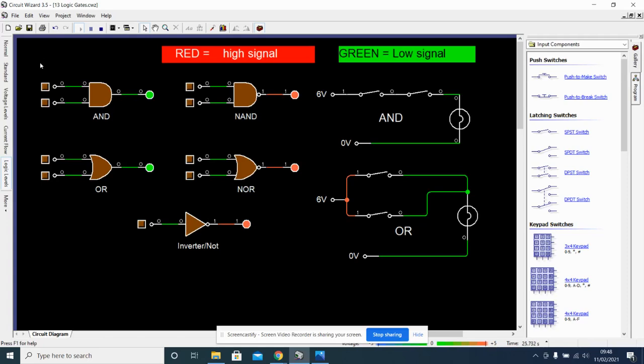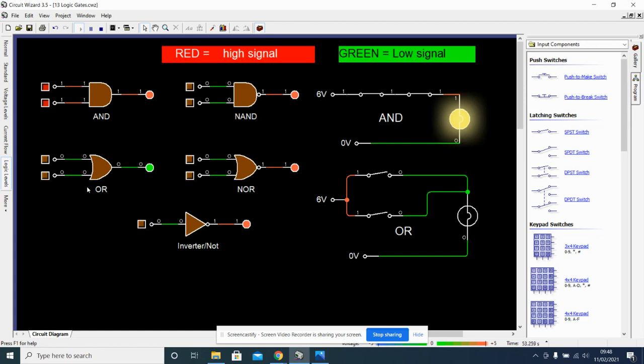A NAND gate. AND gates only work when both of them are high. Nothing there, nothing there, and now it's high. And I've made a simulation here with the lamp too, so we can watch that. An AND gate with 2 input switches only works when both of them are connected, or both are high.